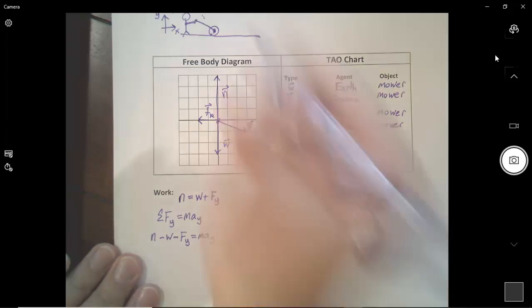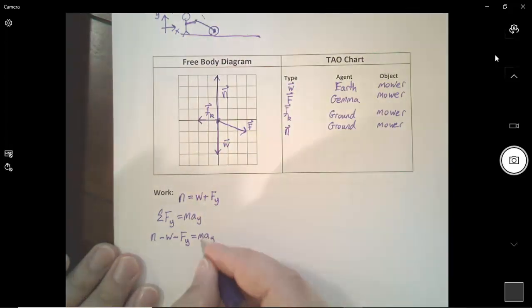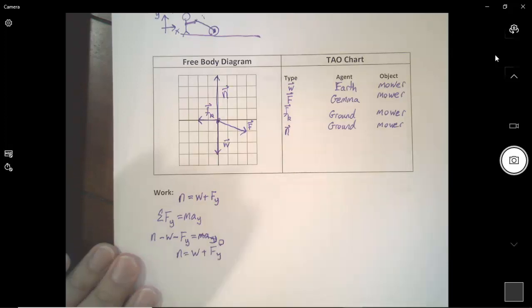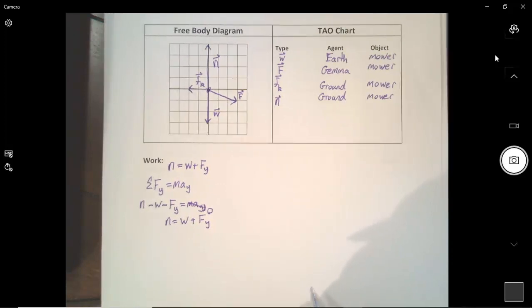So all the forces go on the left-hand side, and then that is equal to m a_y. But what is a_y? It's equal to 0 because the mower is not moving up or down. So the normal force is equal to weight plus Fy. Same as we got from just looking at the free body diagram.